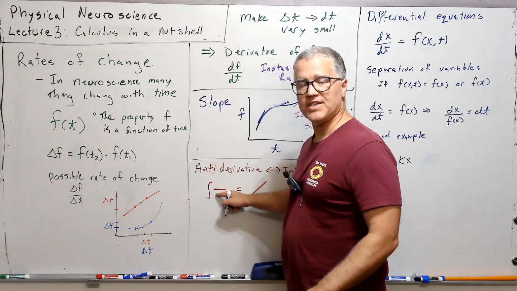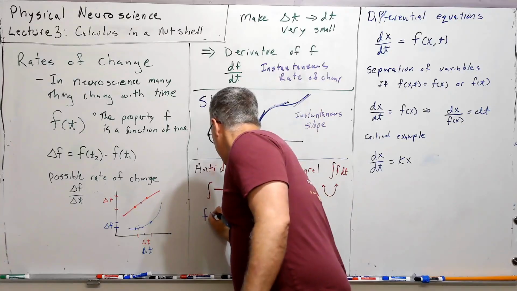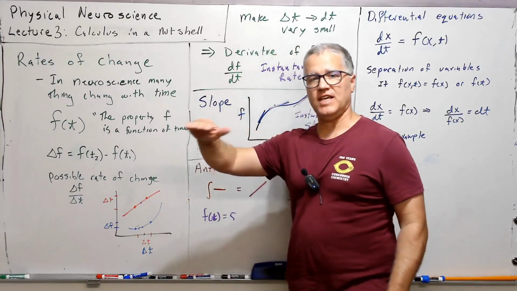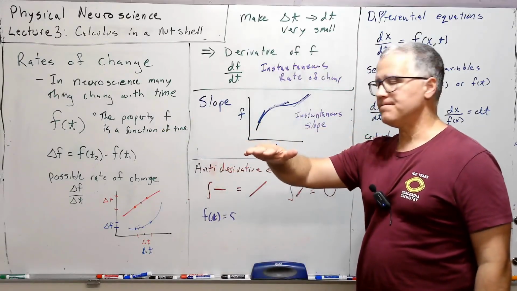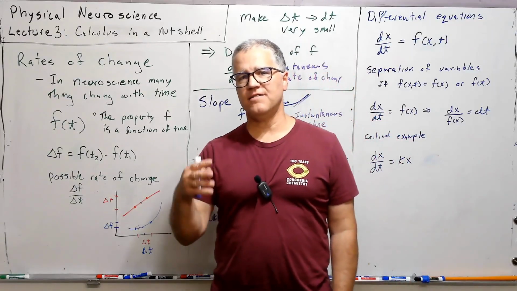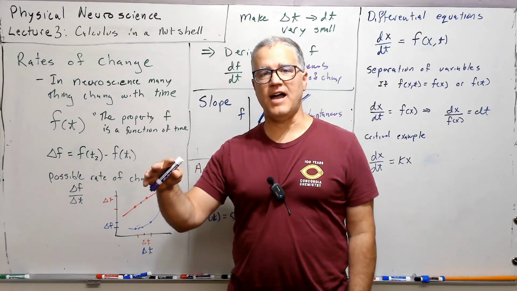If I take something that's constant, like 5, so if my function, if f of t is just 5 for every single t, it's a flat function. So I'm asking what kind of function has a slope of 5, right?